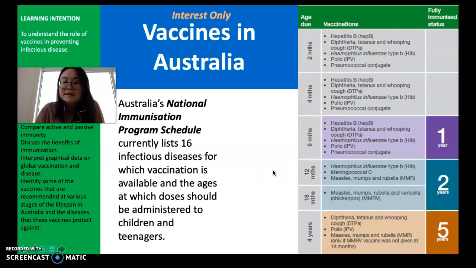The interesting thing here is that if you read this carefully, you'll see that some of the vaccinations are repeated multiple times, and that's because multiple doses are often required just to boost. They're called booster doses, and they just make sure that the antibody levels, the memory cell levels against the particular disease are at a good level.